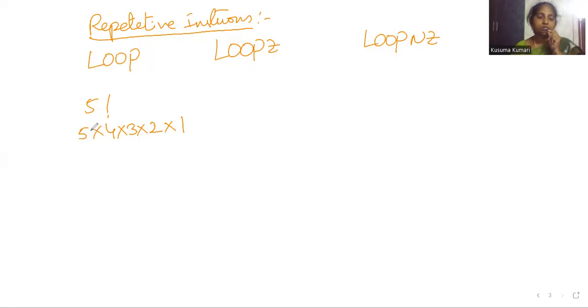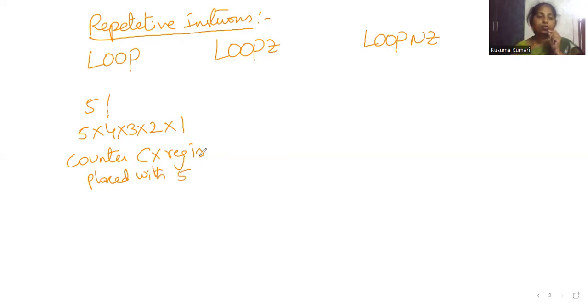So here multiplication is the repetitive operation, and that multiplication should be performed a number of times. How many times? 5 times. So the counter CX register is loaded with the counter number, that is 5.